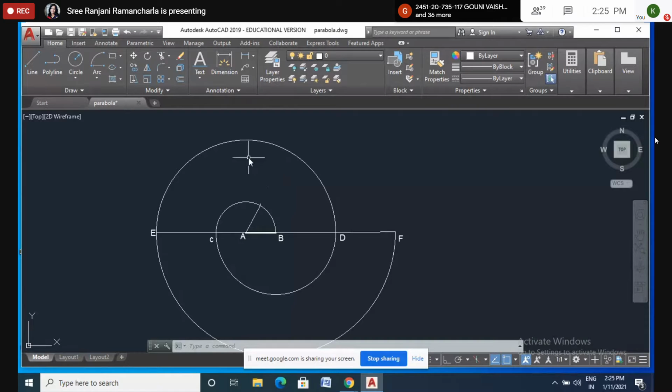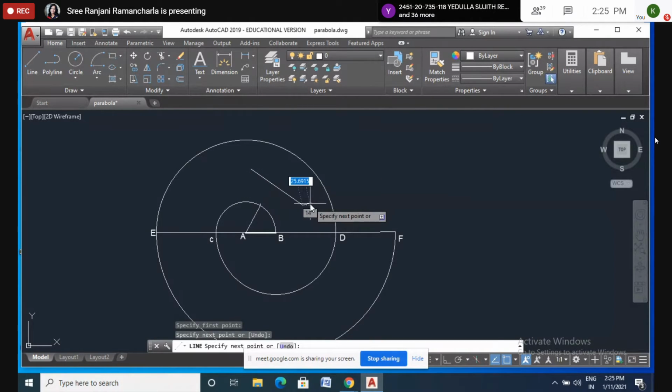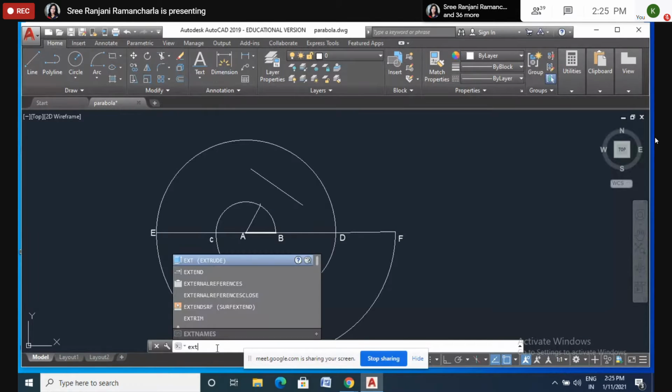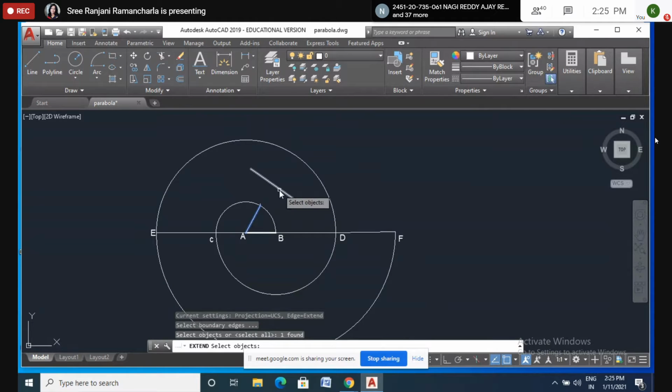Radius. Yes. I want to increase it a little more, so you can draw with scale, extending this line. So I got the normal for this curve.